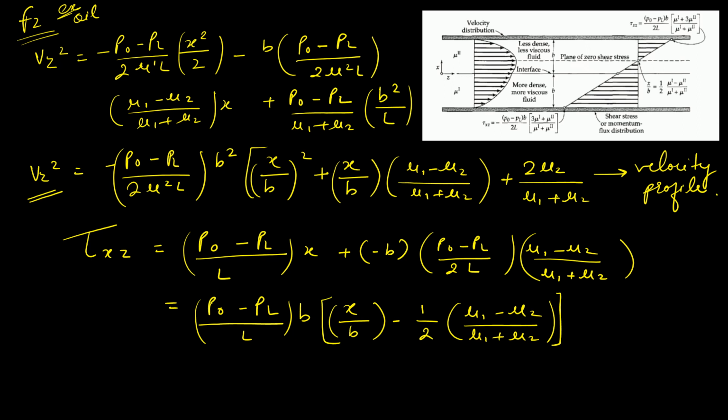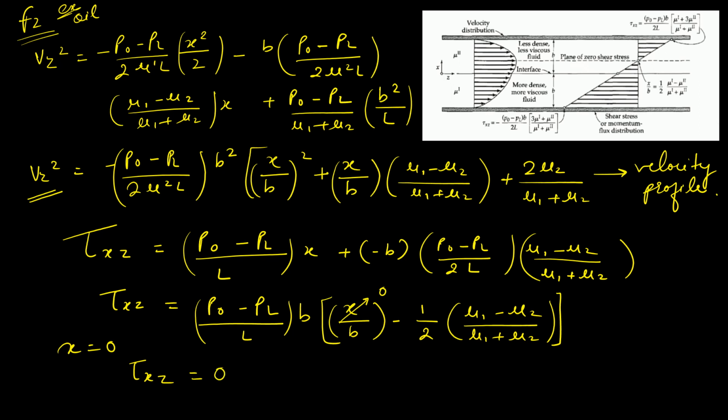So putting x equals to 0, the value of x becomes 0, then tau xz equals 0.